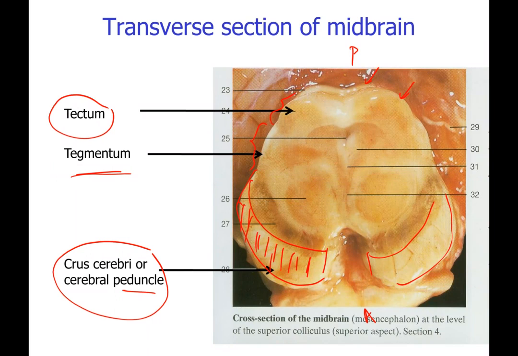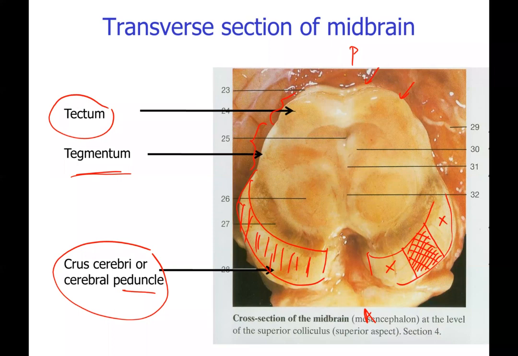Actually, you can divide it into three parts. You have the descending main motor tracts, starting from the precentral gyrus, motor cortex, and from frontal and parietal lobes, descending motor tracts come through on either side. You will learn these details when you do the nerve tracts.